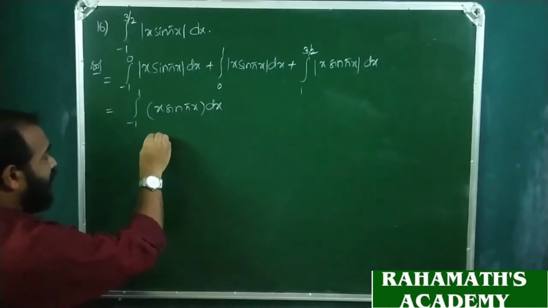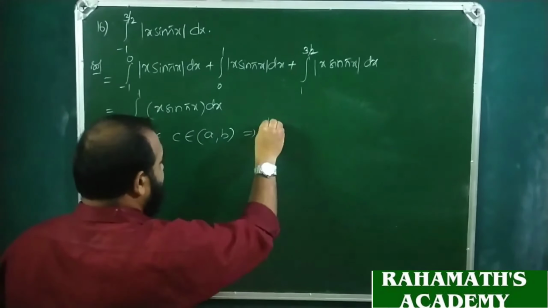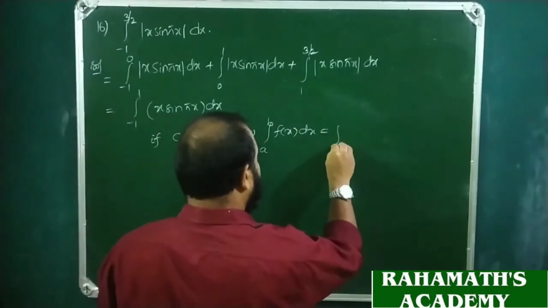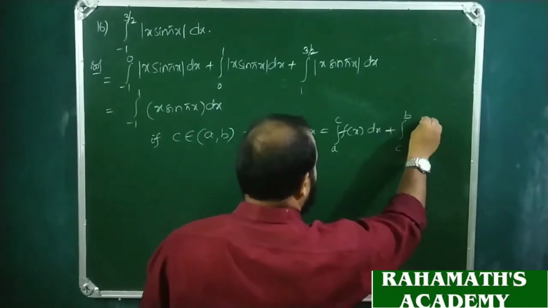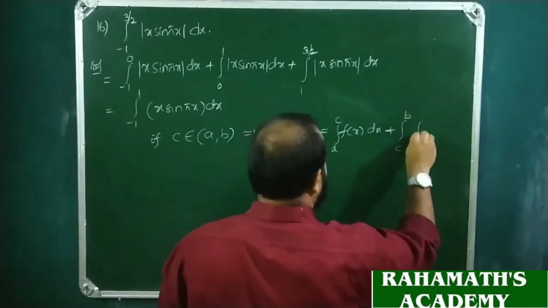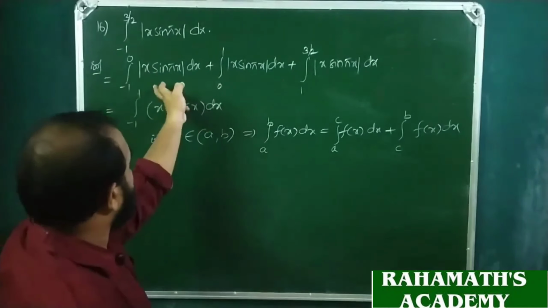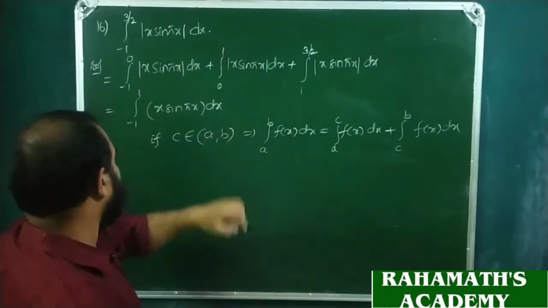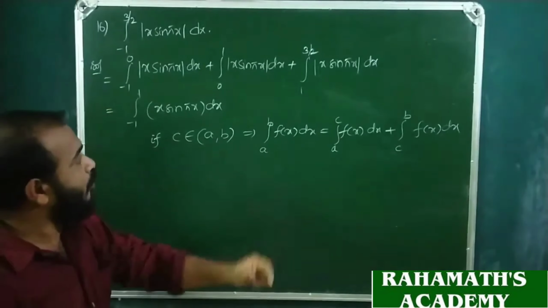Because we have a property that if c lies in between a and b, then integral a to b f of x dx is equal to integral a to c f of x dx plus integral c to b f of x dx. Since 0 is lying in between minus 1 and 1, and it is positive in both the intervals minus 1 to 0 and 0 to 1, in a single limit we can write like this according to this property.